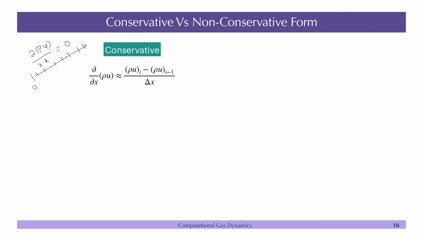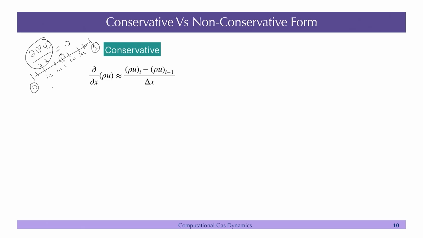So, this is 0 and this is 1, and you will have boundary conditions here and here. This is 1D flow, and you have d rho u by dx. Let us say this is point i, this is i plus 1, i plus 2. You discretize it into n number of points, it can be 100 points, and this is i minus 1, i minus 2 and so on and so forth. You want to approximate the derivative at this point i.